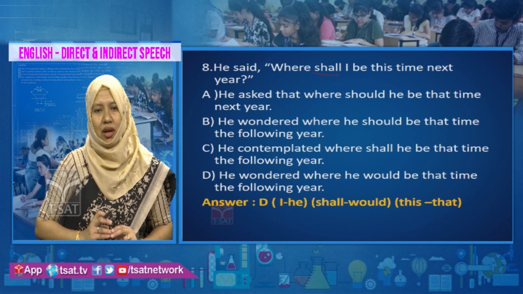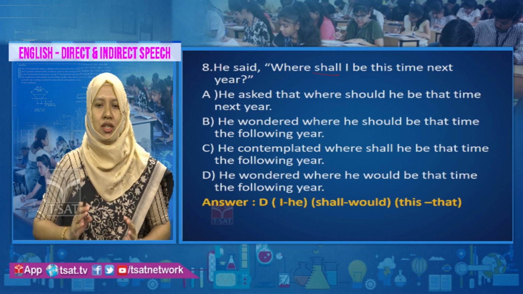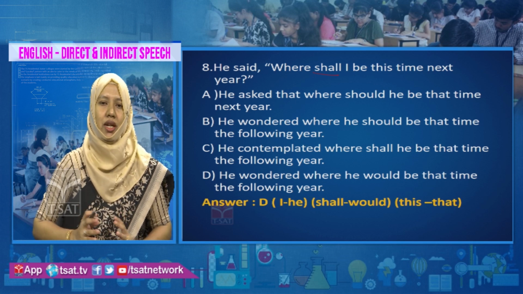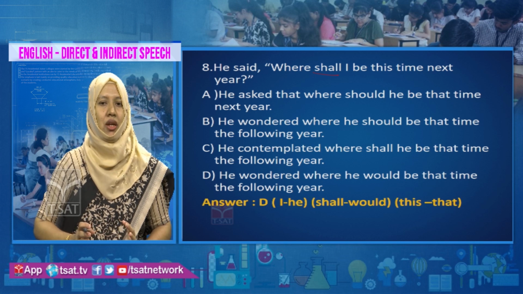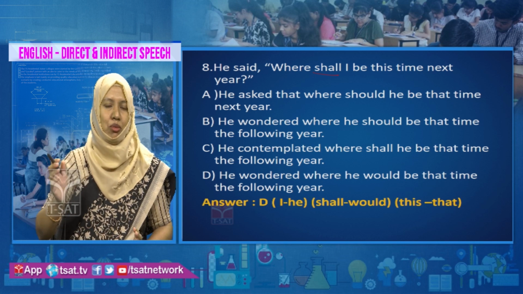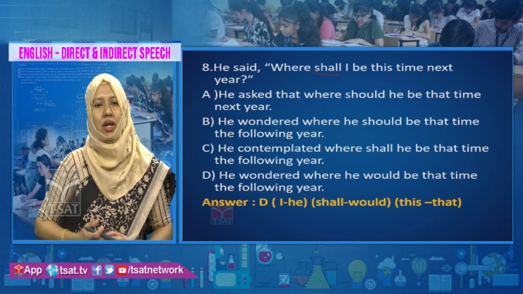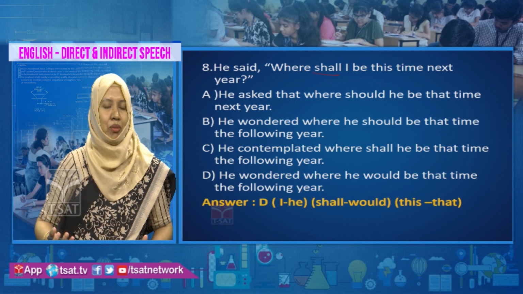Now, if you look at the options, you have to change pronouns, you have to change the modal auxiliary verb, and you have to change the conjunction. Here there is no need of using a conjunction because a WH word is used. So, the reporting verb can be wondered. He said, he is saying, but he is wondering.